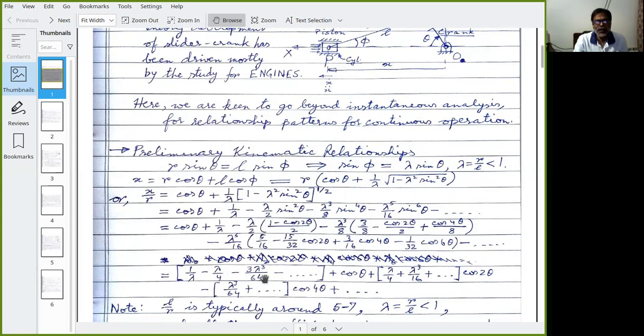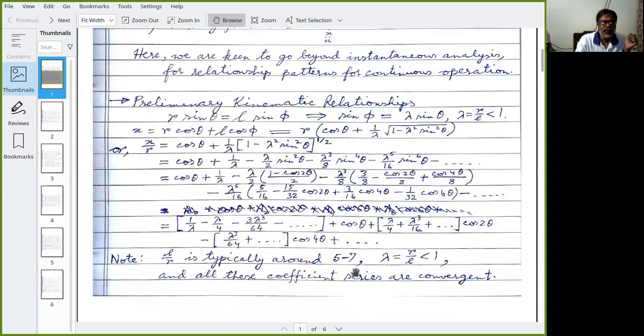I have written here up to the lambda cube terms because even if lambda is 1 by 5, lambda cube will become 1 by 125, which is 0.008. So after that, it will become so small that you need not include it.